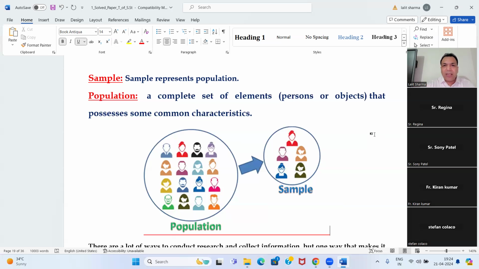Okay. For example, I talk about Ludhiana. Ludhiana is one district. For example, in Ludhiana district, there are 100 convent schools. You want to check the knowledge of ICT of 9th or 10th class students of convent schools in Ludhiana district.